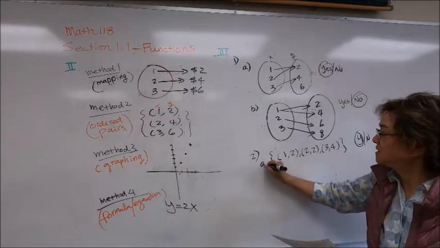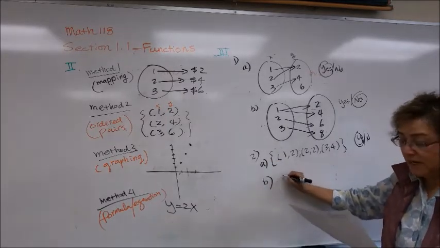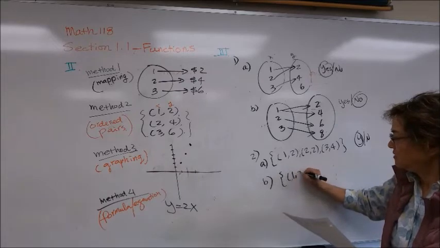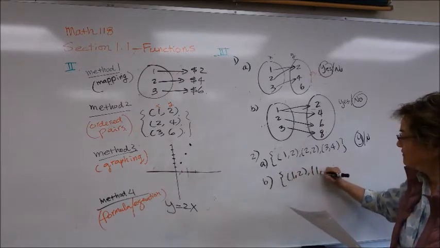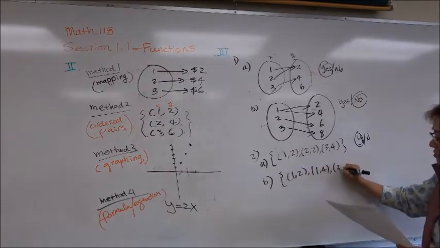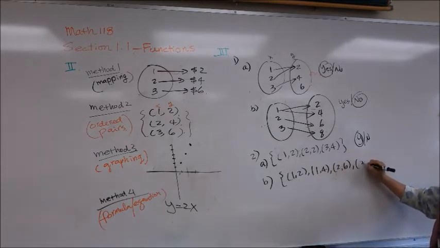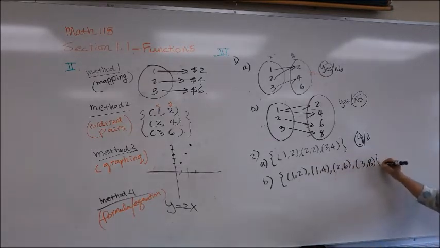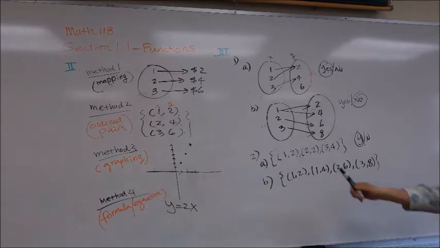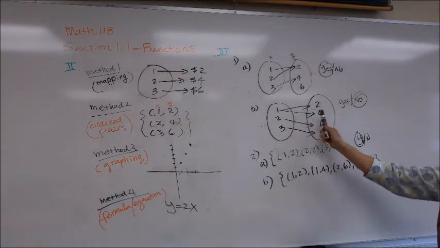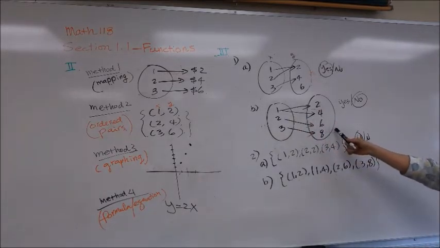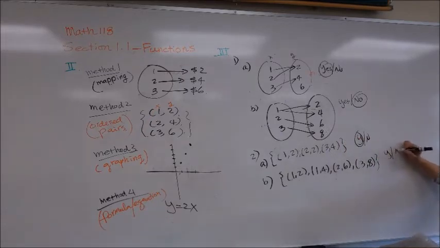If I write (1, 2), (1, 4), (2, 6), and (3, 8), what do you think? (1, 2), (1, 4), just like the second mapping, it is not a function.